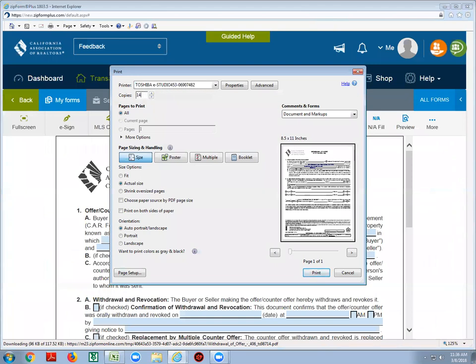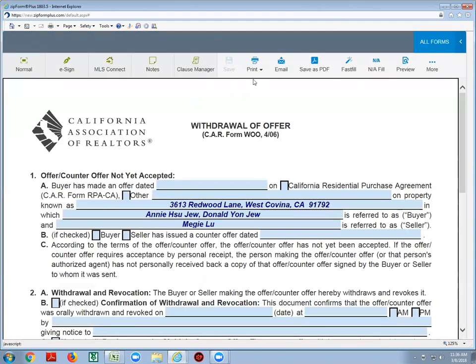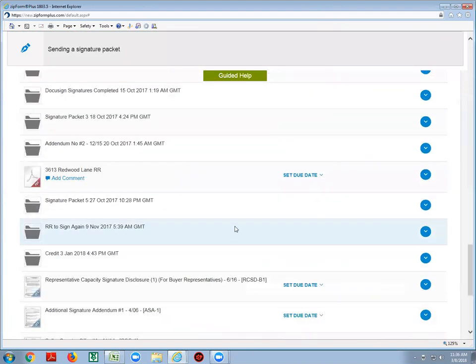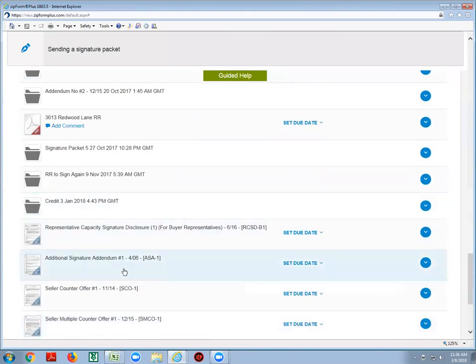I'll print 14. And I'll print another set for you, after I finish. I will cover that, because sometimes I print it out before I forget.